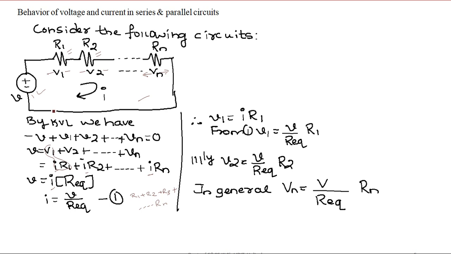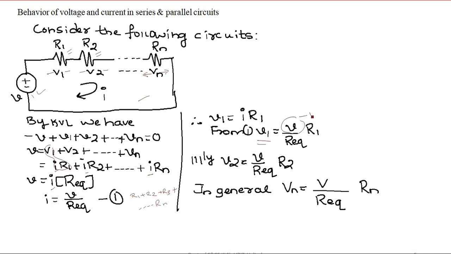So you can consider V1 equal to V divided by R equivalent into R1. Here V is the total voltage, that is the main source voltage.